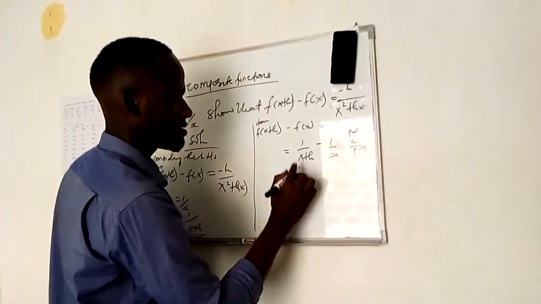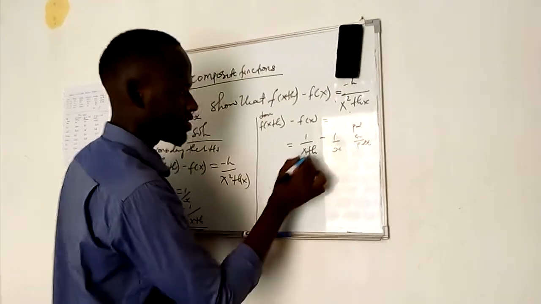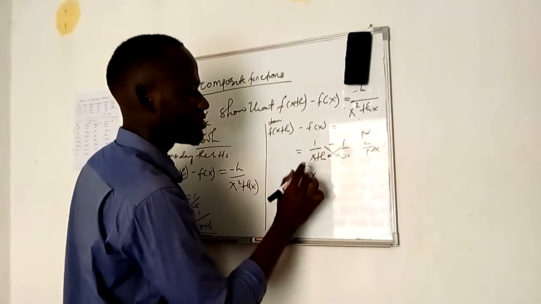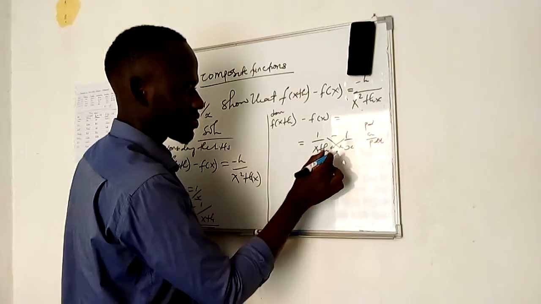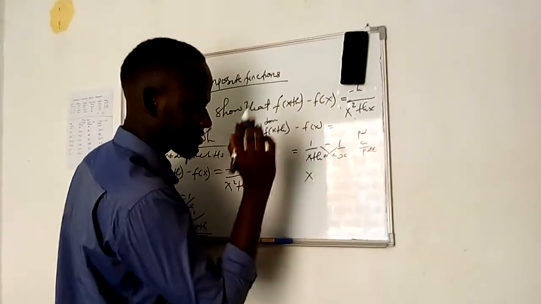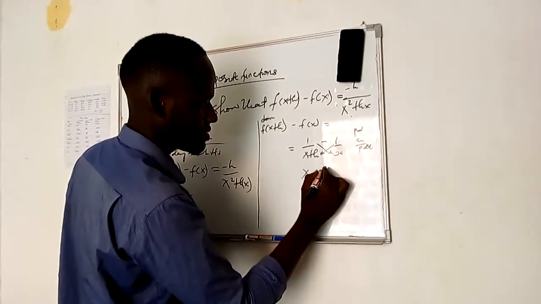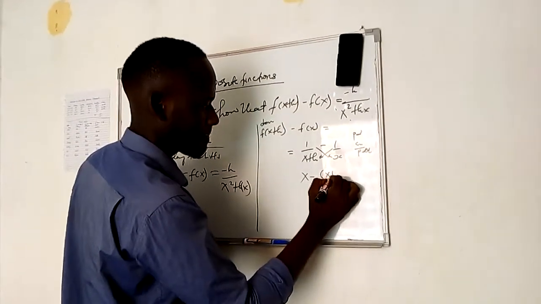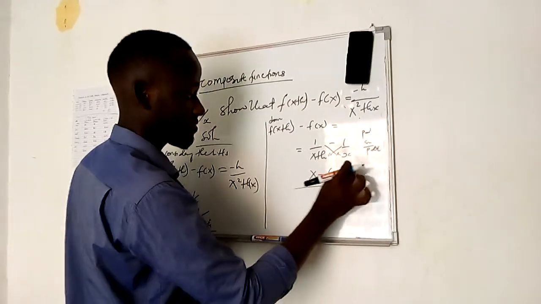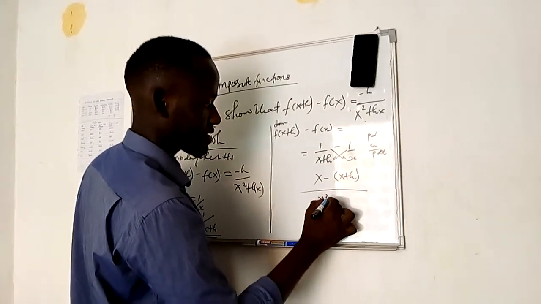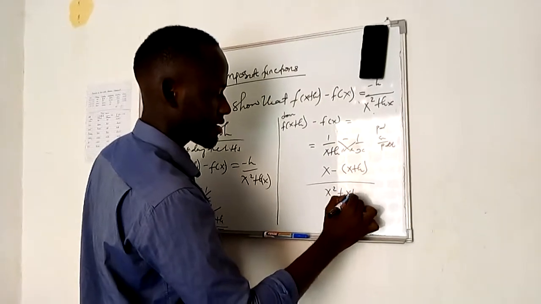So this one times this one is x. You cross multiply from here, then you multiply the product. So this one times here, it is x, minus this times this one. You put it in brackets first, x plus h, over the product of this, which gives you x squared plus xh.